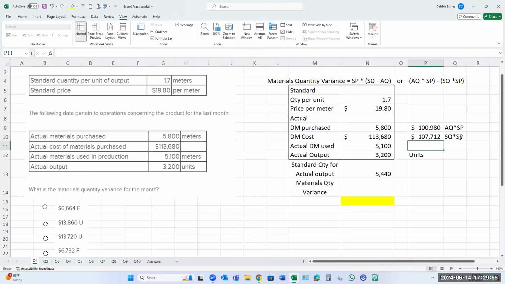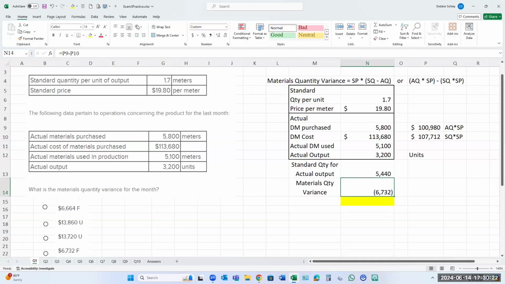So there's my standard quantity times standard price. So the variance then is actual quantity times standard price minus standard quantity times standard price. So my quantity variance is 6,732. That is dollars.